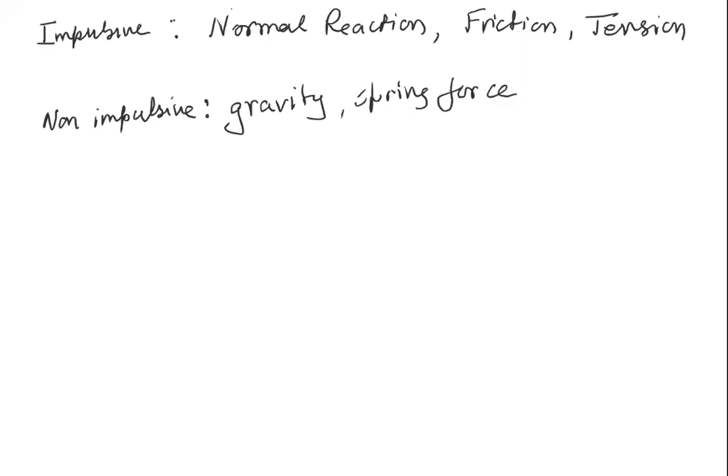But if I have a spring on my hand and I start to hit a person, right, then that will not be impulsive. हाँ बिल्कुल अनीश, collisions are impulsive because normal reaction is impulsive.